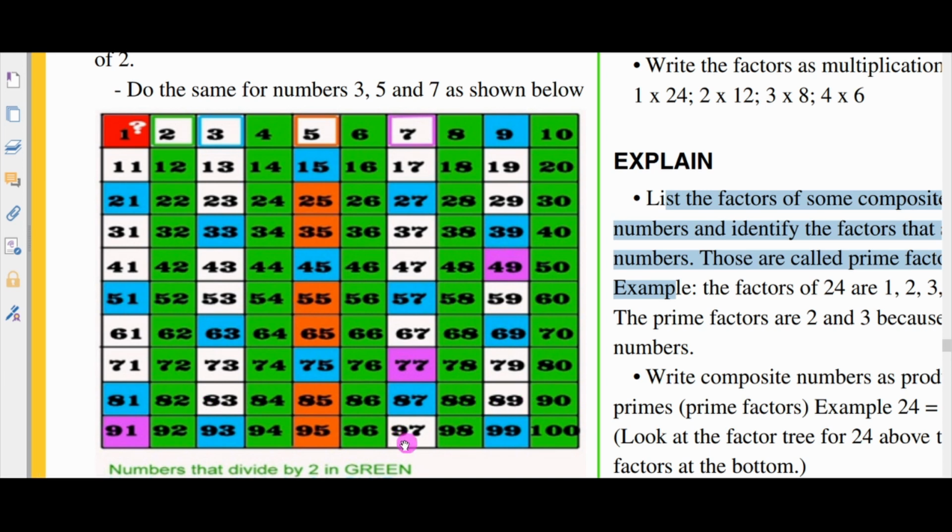Now let's see if we have the 25 that we need. 1, 2, 3, 4, 5, 6, 7, 8, 9, 10, 11, 12, 13, 14, 15, 16, 17, 18, 19, 20, 21, 22, 23, 24, and 97, making 25. So we have 25 prime numbers between 1 and 100.